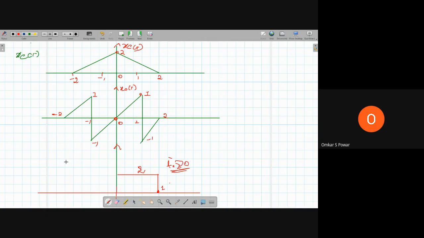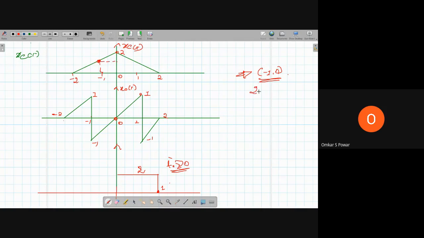So in order to compute only this part, again same thing, from -2 to -1, we have to write the equation and then add up. Then from -1 to 0 we have to add up. So we will take that part. Okay, from -1 to 0 first we will take. What is the equation here?